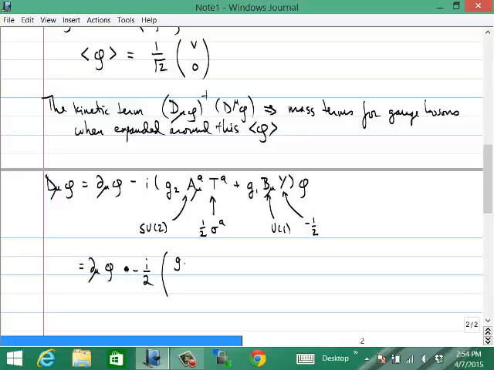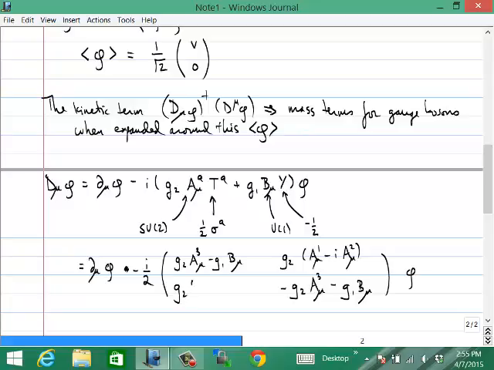We have G2 A3 mu minus G1 B mu and minus G2 A3 mu minus G1 B mu in the two diagonal components, just using the fact that the Pauli matrix sigma 3 is proportional to 1 and minus 1 on the diagonal. And on the off diagonals, we have G2 times A1 minus i A2, and here we have its complex conjugate, A1 plus i A2.